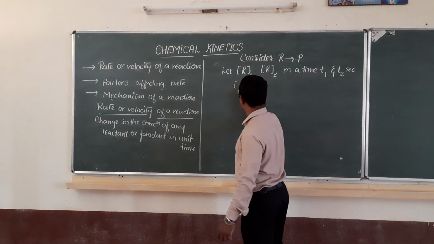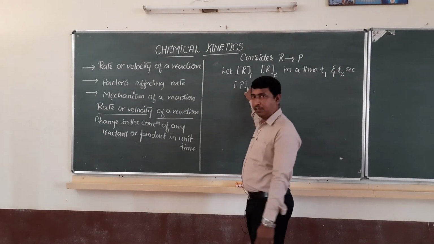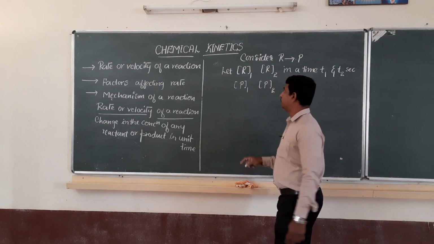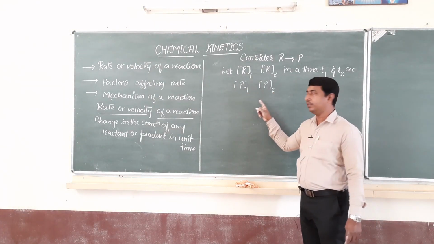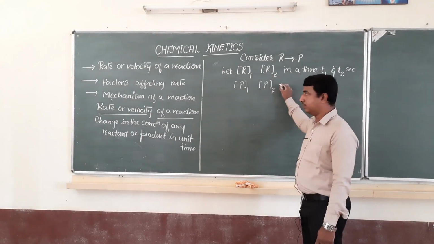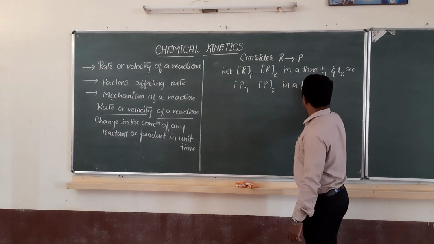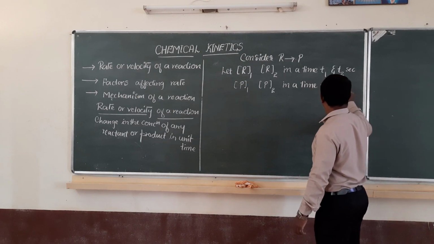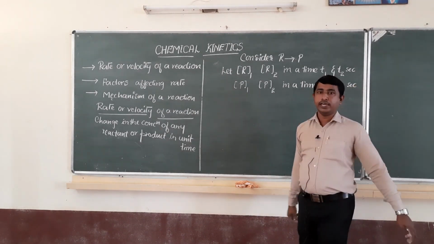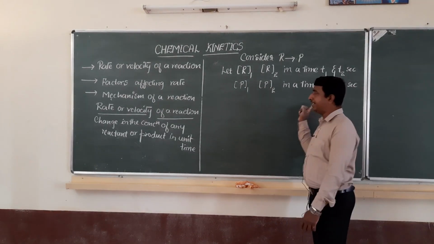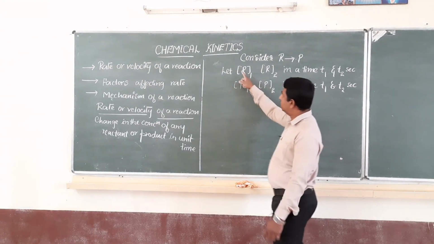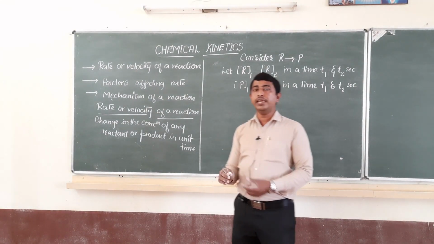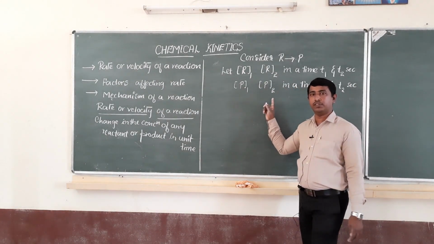Similarly, let P1 and P2 be the concentrations of the product at times T1 and T2 respectively. So here R1 and R2 represent the concentration of the reactant, whereas P1 and P2 represent the concentration of the product.